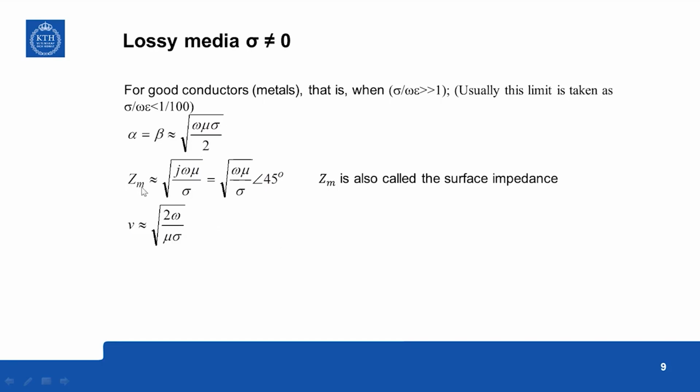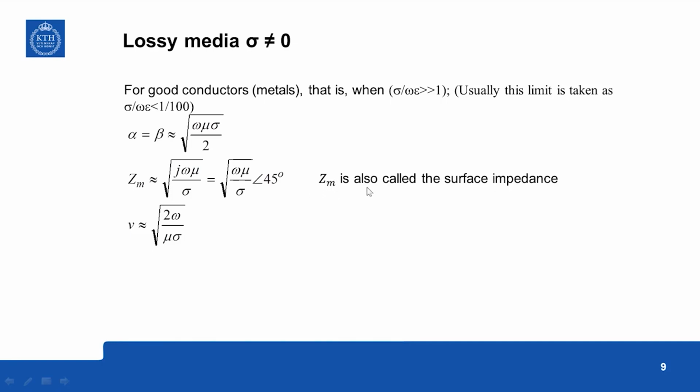And intrinsic impedance of the medium is given by square root of j omega mu by sigma, or square root of omega mu by sigma times square root of j, in terms of phasor notation we can take it as angle 45 degree. So j represents angle 90 degree.